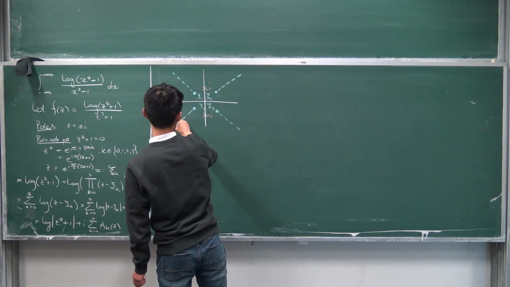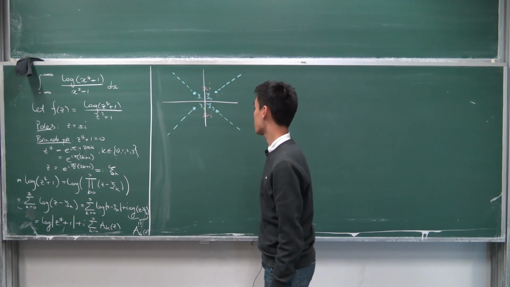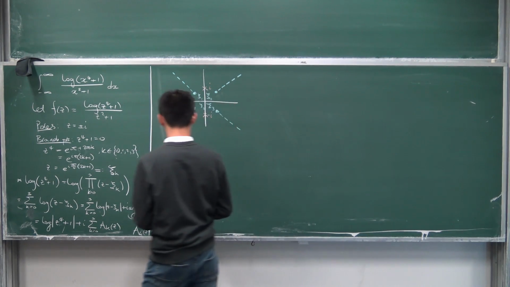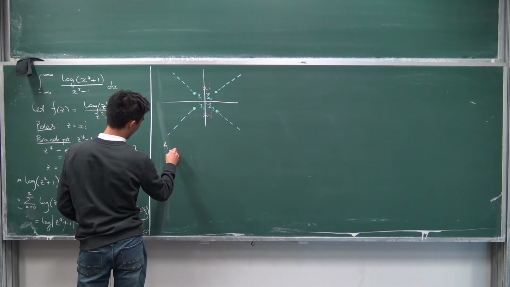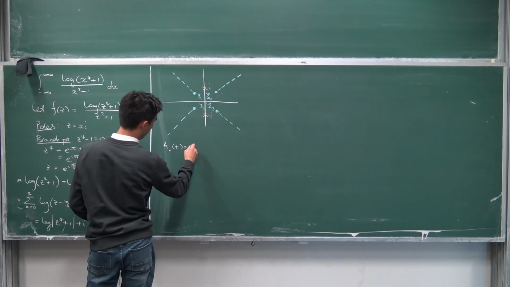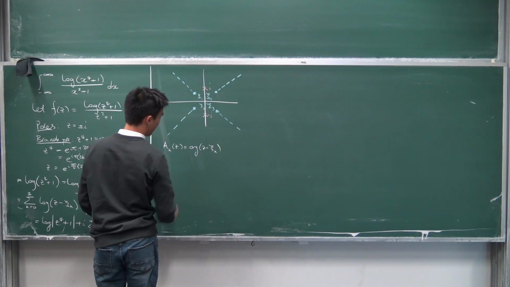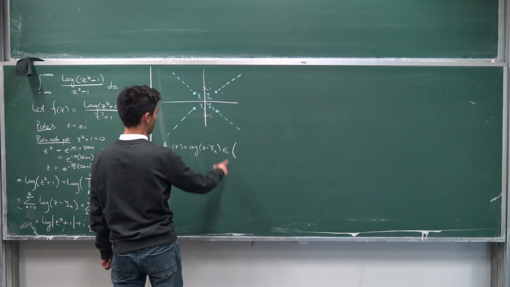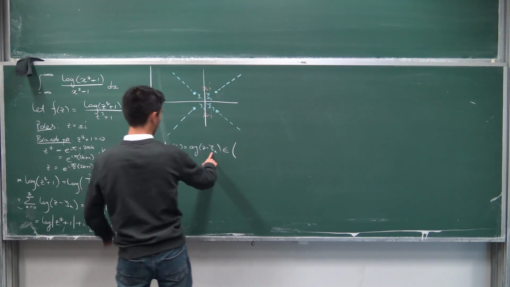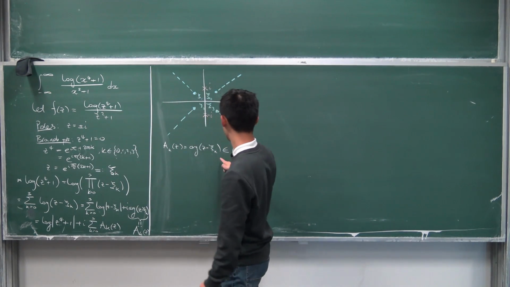So we have all these guys. If you wanted to find the argument on, let's say, psi 0, let's actually write it down over here. You can define a_k of z, which is just the argument of z minus psi k. You can define this to be on the interval, well, we want the angle, so what's the angle of psi k?